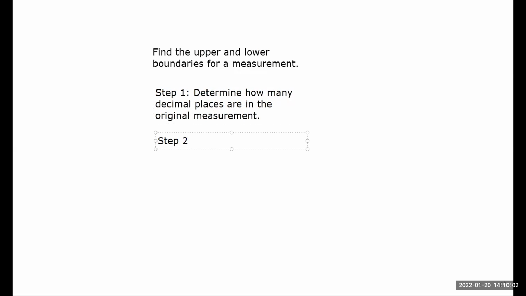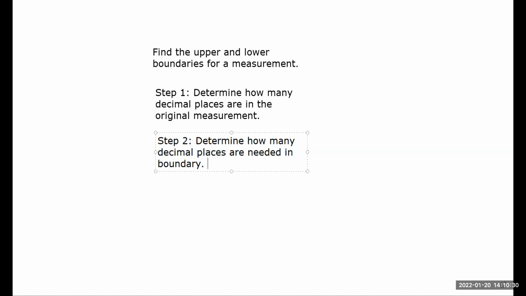is to determine how many decimal places are needed in the boundary.